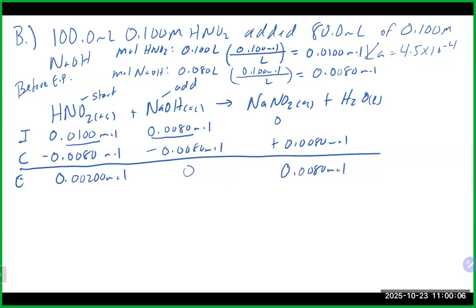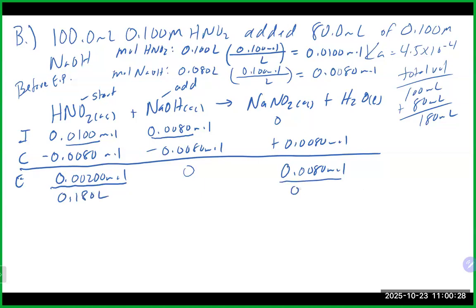Again, we're going to convert back to molarity after this first ice table. So looking at our total volume here, we started with 100 milliliters of the acid. We added 80 milliliters there of the base. That's 180 milliliters. That means each of these gets divided by 0.18 liters, which is our 180 milliliters converted to liters in this case.